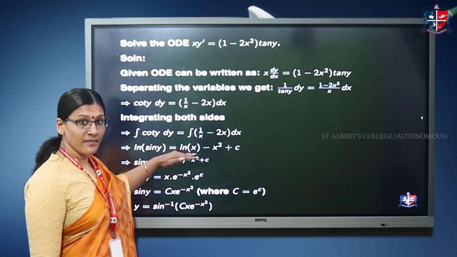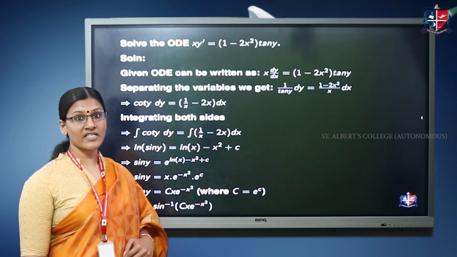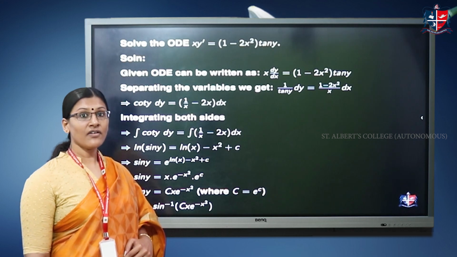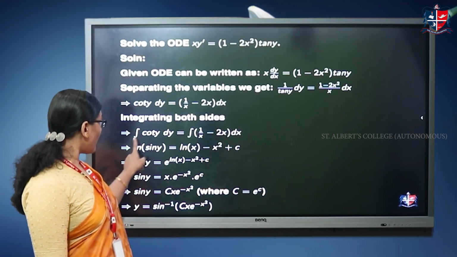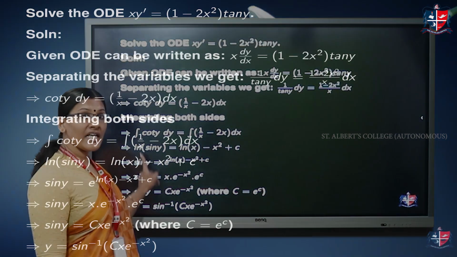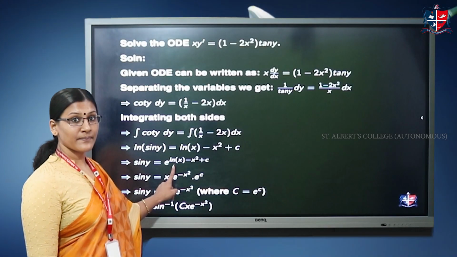We can stop here. But if we need the answer as y equal to a function in x, we can do further simplifications. We will take e on both sides. Since e and log are inverse functions, they will get cancelled, and on LHS we get sin y, and on RHS we get e raised to log x minus x square plus c.